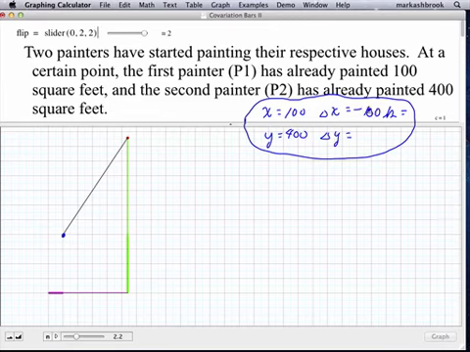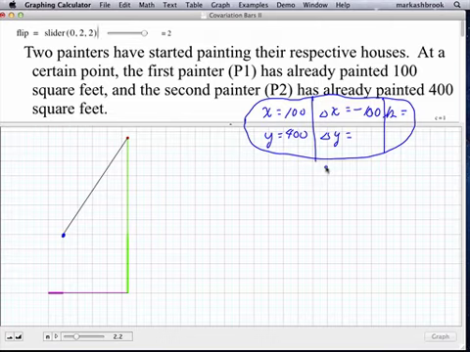And given any change in painter 1, we know immediately how to find how much painter 2 painted. How much did painter 2 paint? This is not 100 times K, sorry. Given that painter 1 changes the amount he paints, how do we find the change in the amount? Adra, how'd you get that?